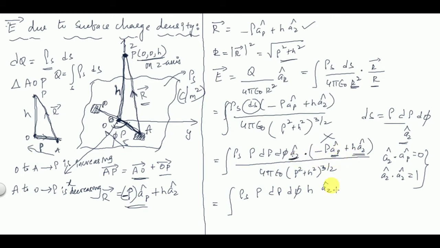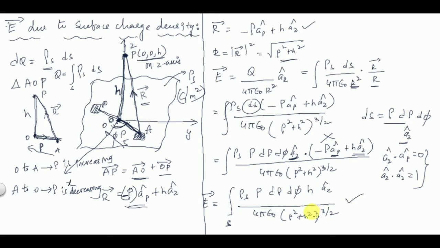For magnitude it is okay, but if you want to write in vector form, you have to write a_Z cap also, divided by 4 pi epsilon naught into rho square plus H square whole to the power of 3 by 2. Okay, so this is E bar. This is the surface integral, right? So I'll take one more slide and continue from this point.